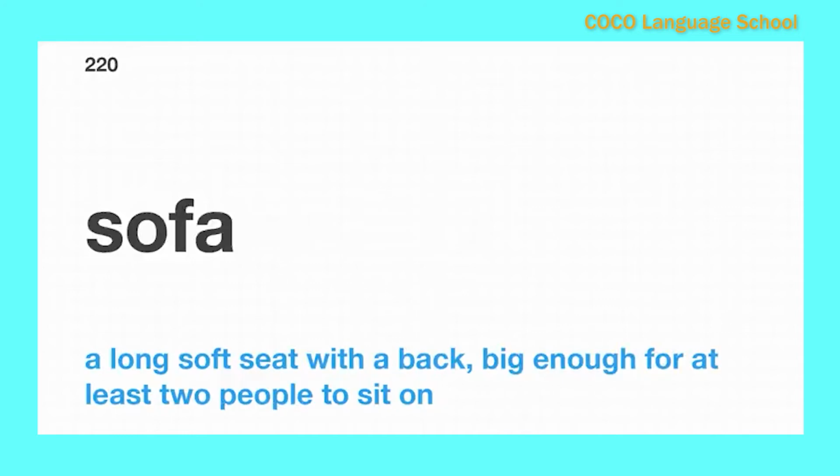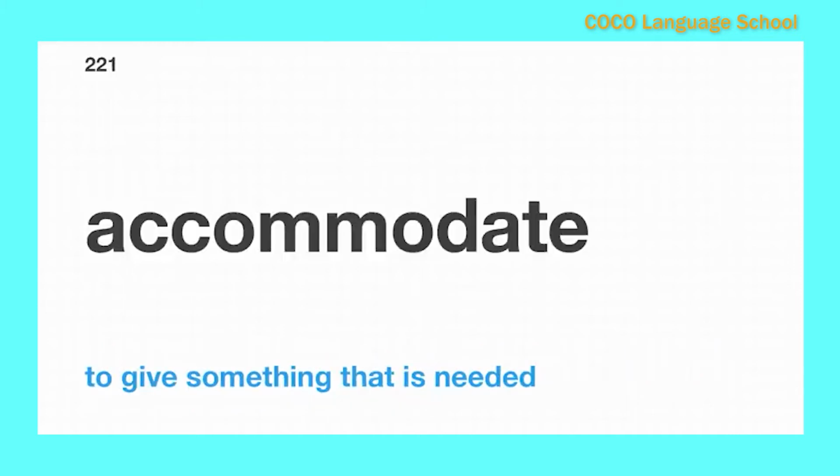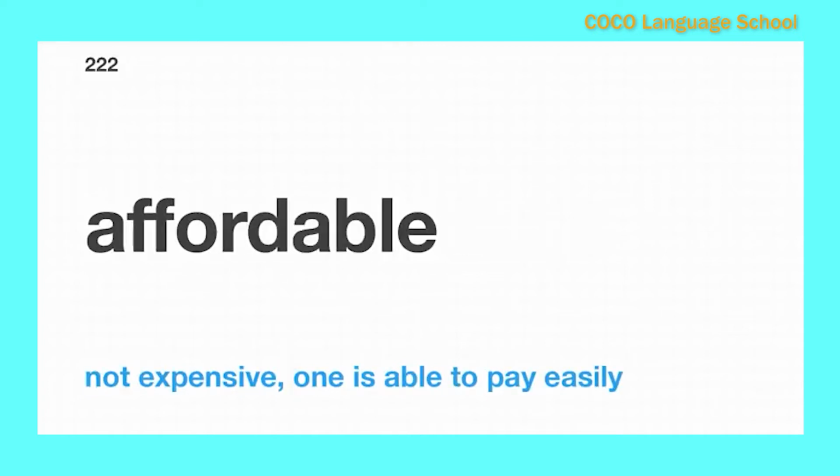A long soft seat with a back, big enough for at least 2 people to sit on. Sofa. To give something that is needed. Accommodate. Not expensive, one is able to pay easily.